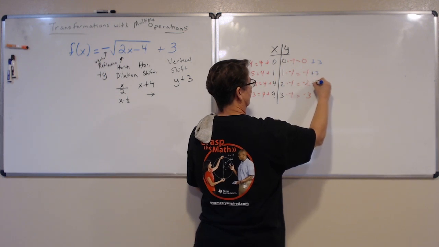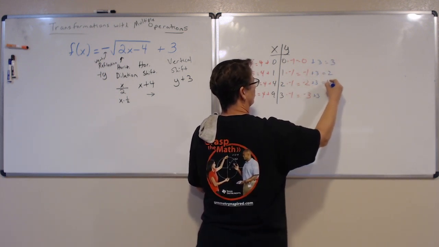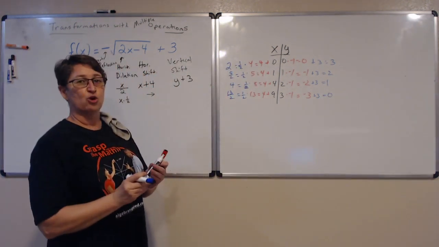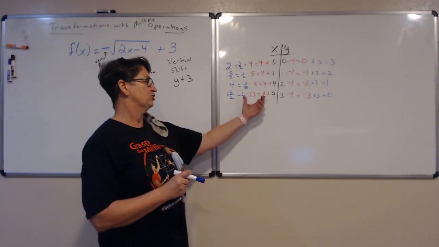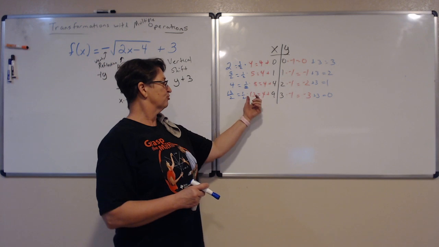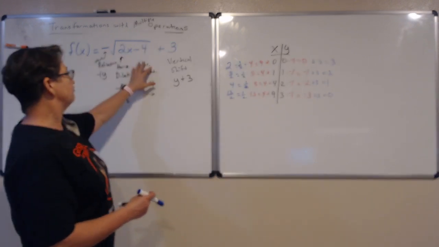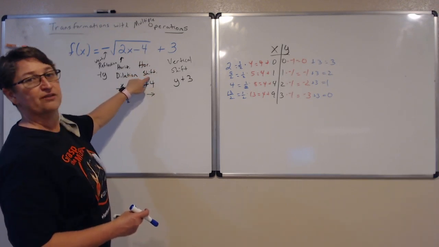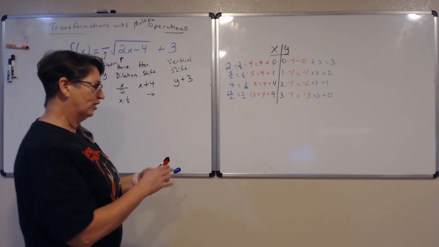Totally makes sense on that end. 3, 2, 1, 0. So you just have to know when you're doing more than one thing with your x's, it's always backwards from what you think. So if you think you're supposed to multiply and then add, well, then it's the other way around. But if you just know your order of operations, that your horizontal shift comes first, that'll help you remember that also. All right, my new points.